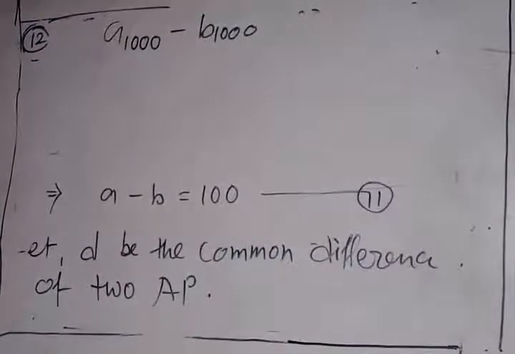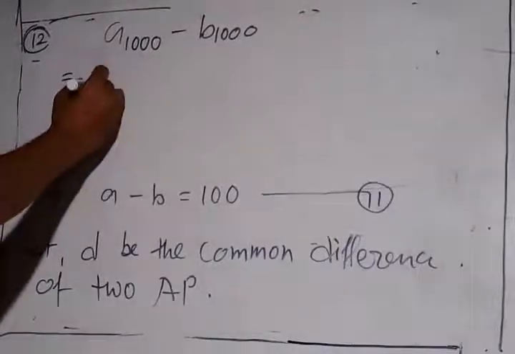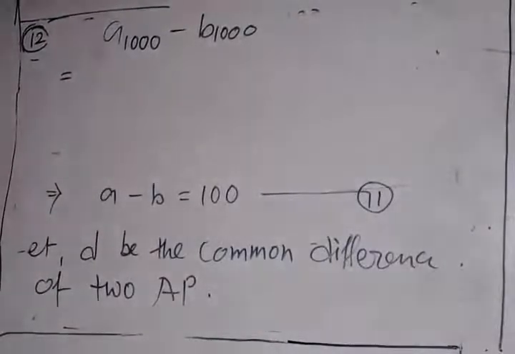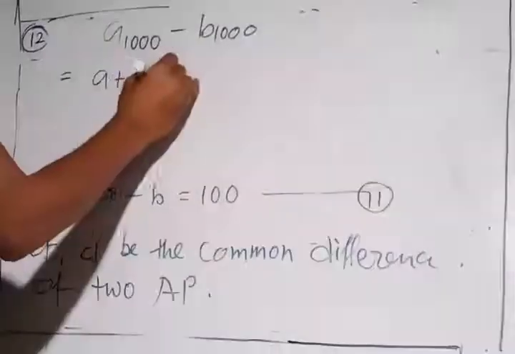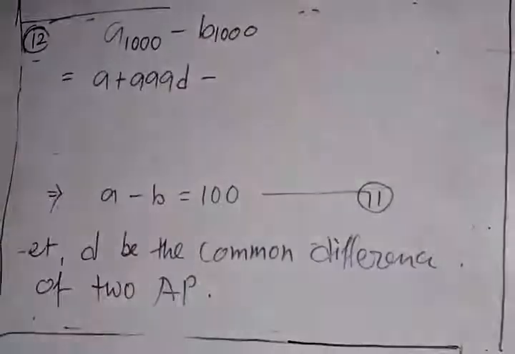A1000 we can write as A plus 1000 minus 1 D, so ultimately it will be A plus 999D, minus B1000.